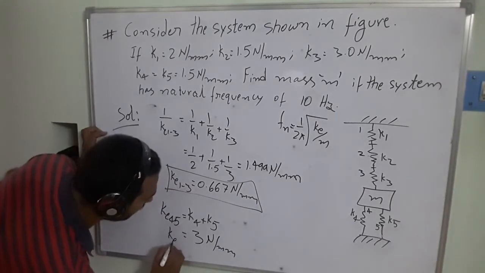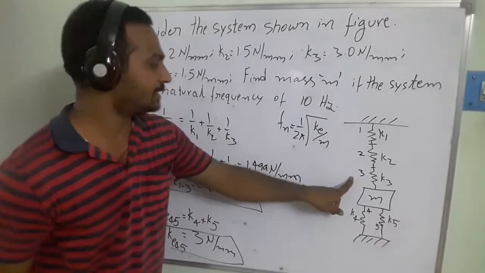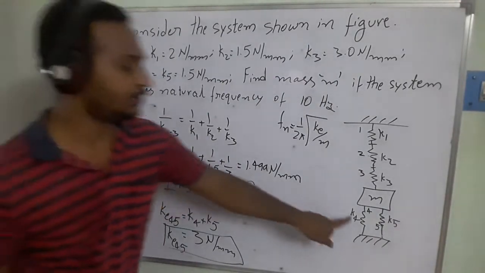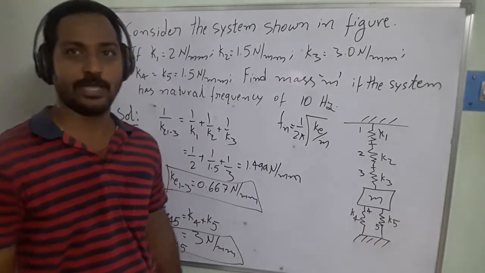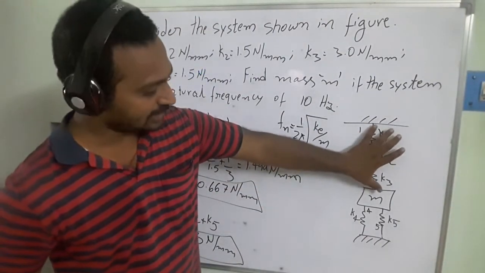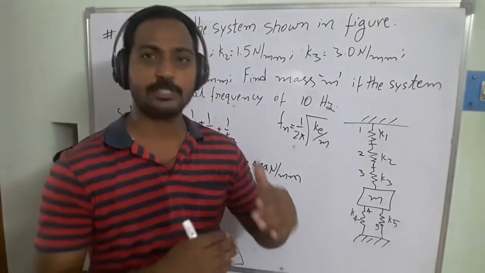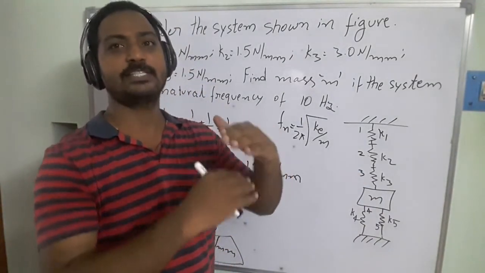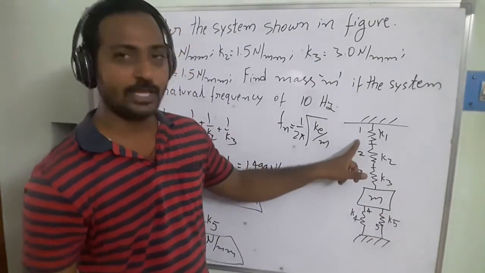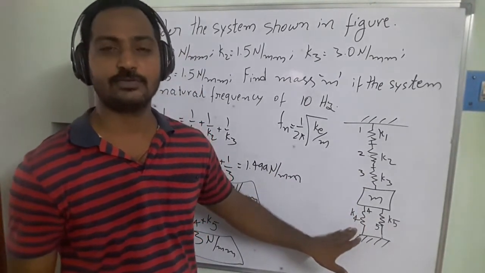So we have the equivalent stiffness of these 3 springs and of these 2 springs. Once converted into one spring and one spring, it is clear that when the mass starts oscillating from its mean position, one spring elongates while the other compresses.